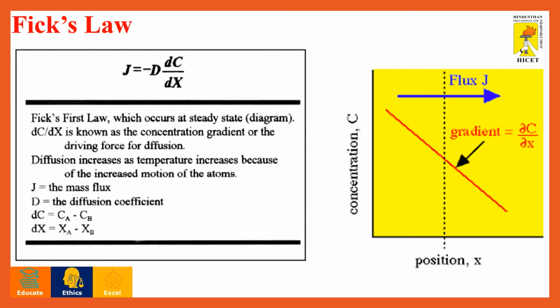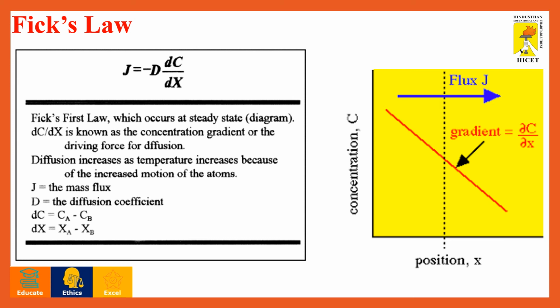From this equation, we can understand that J is directly proportional to dC by dx. Now, what is J? J is called as mass flux. dC by dx is called as concentration gradient.